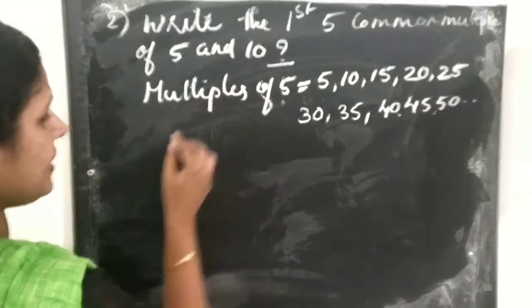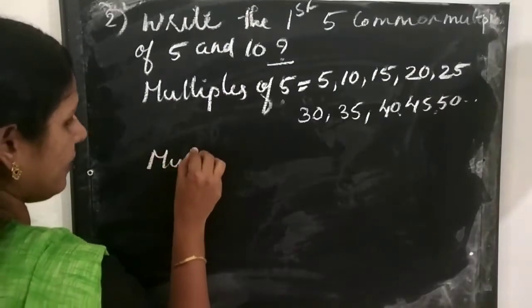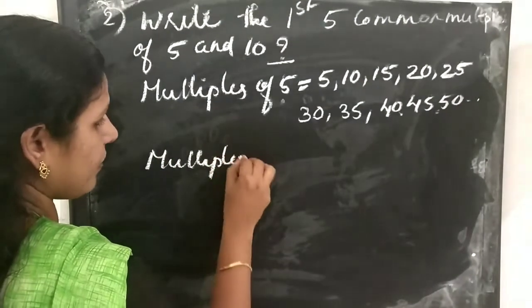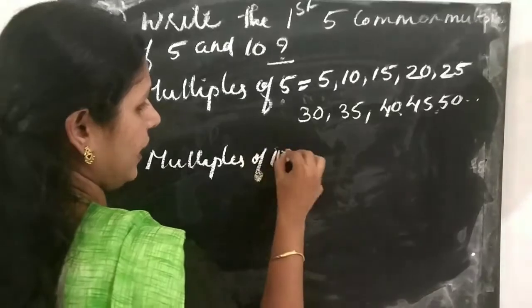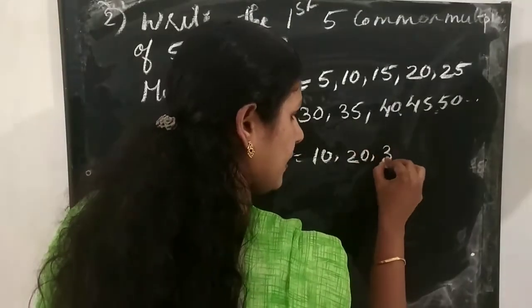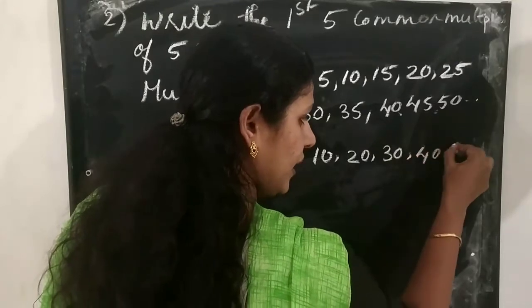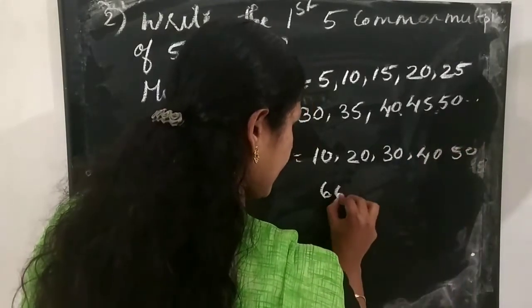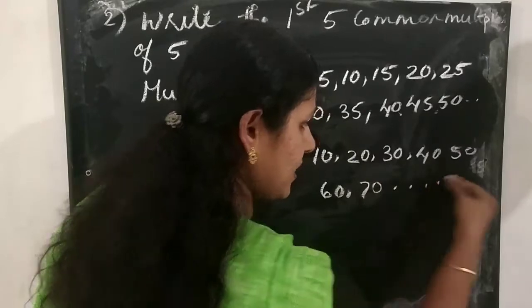Then multiples of 10: 10, 20, 30, 40, 50, 60, 70 and so on.